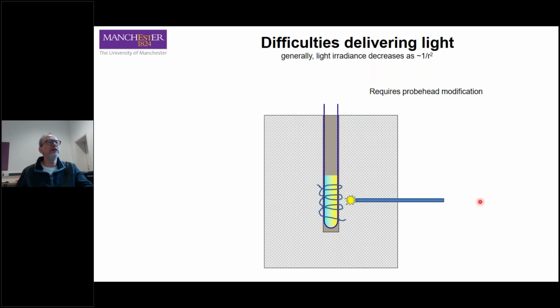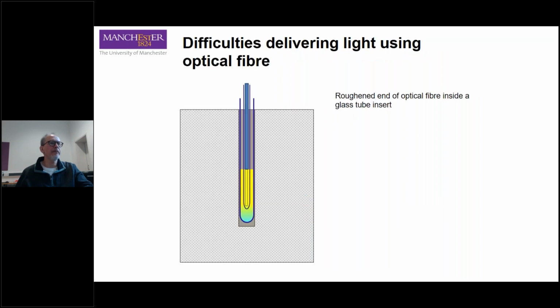Light can be delivered from the sides, but that is impossible without using specialized probes, and then you still need to get around some non-transparent components of the probe heads, such as radio frequency coils. But of course, in this arrangement, the path length will be much shorter.